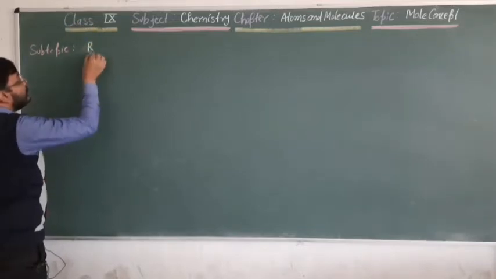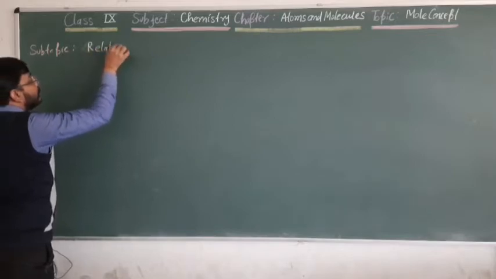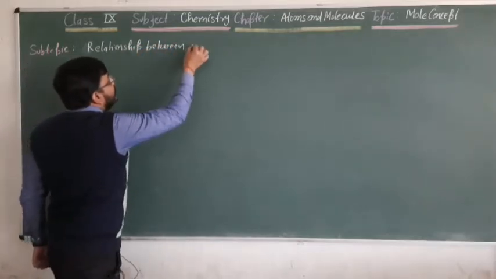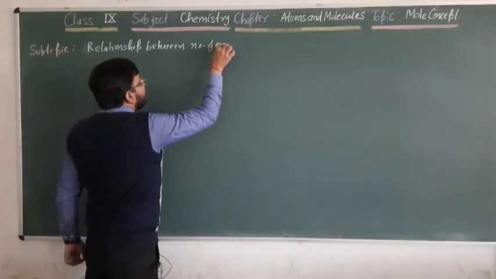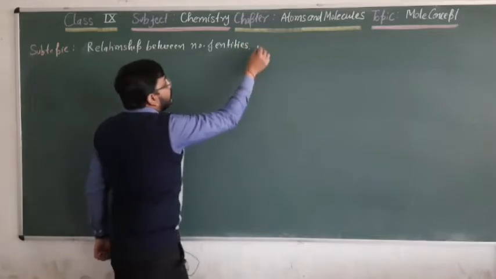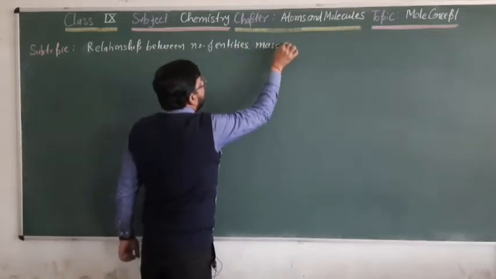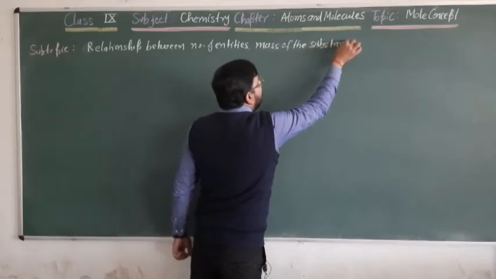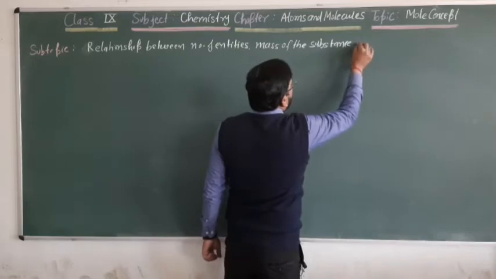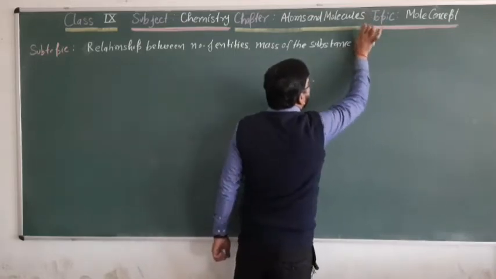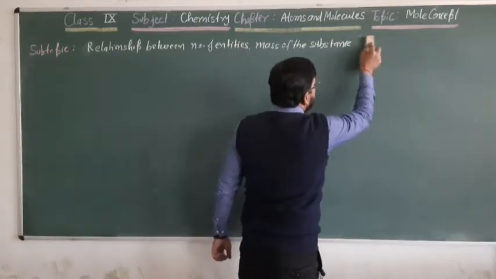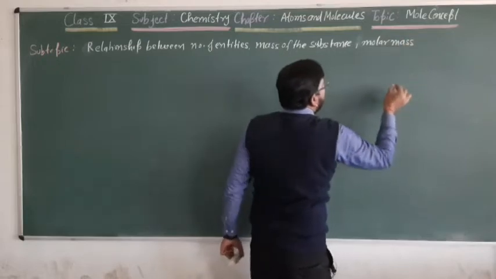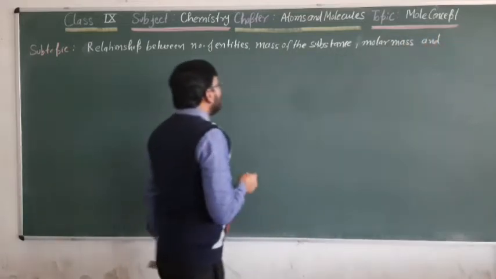This will give us an understanding of the relationship between number of entities, mass of the substance, molar mass and Avogadro's number.